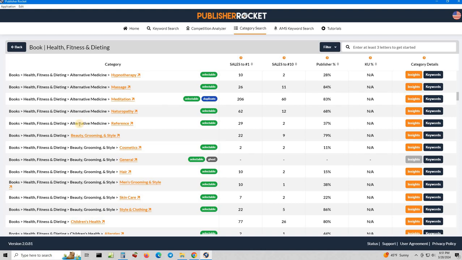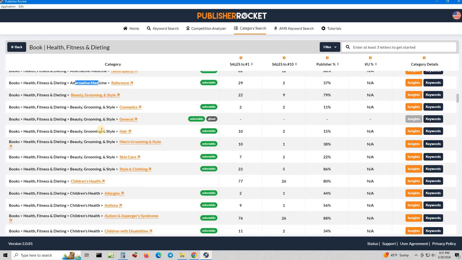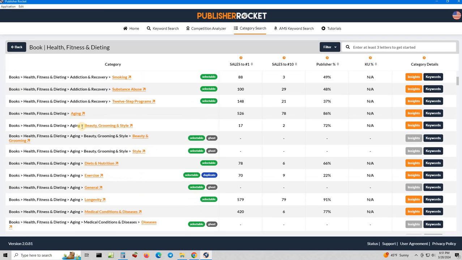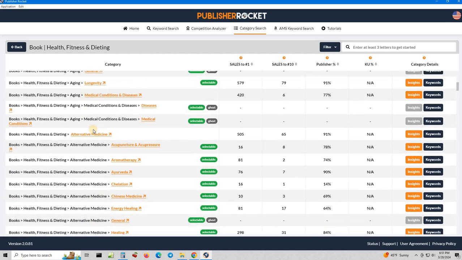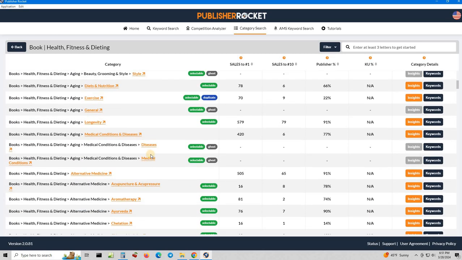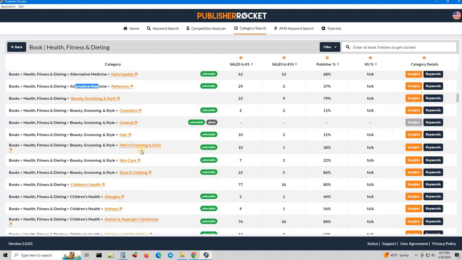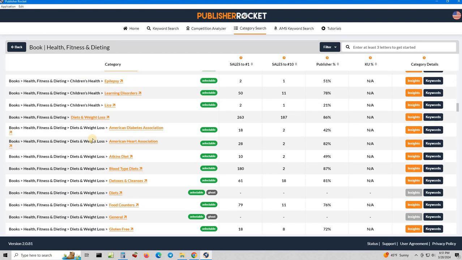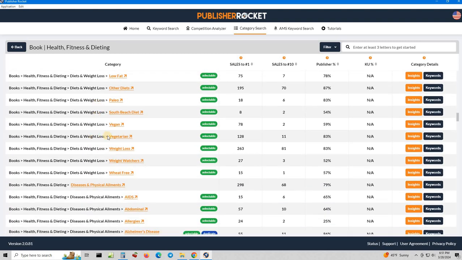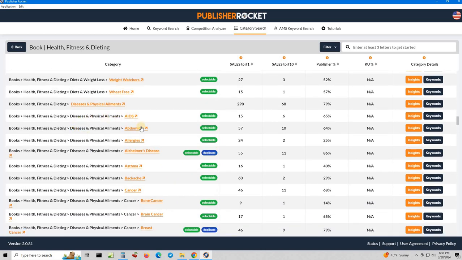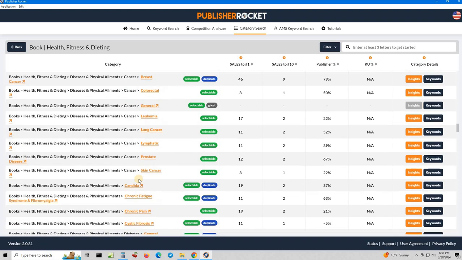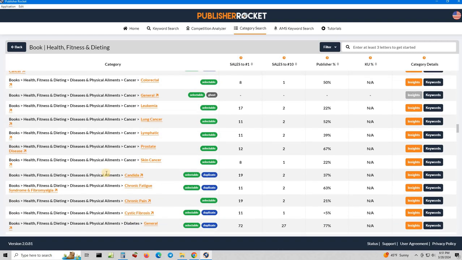Possibly here, but this is alternative medicine. I don't think that's appropriate. It's a bad category for your book. Children's health, diet, weight loss. Nope. Diseases and physical ailments. I just don't think so.